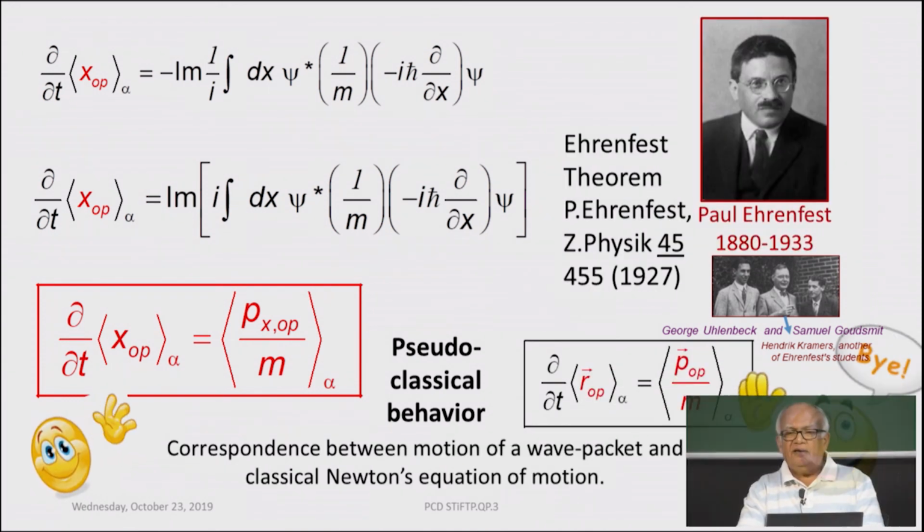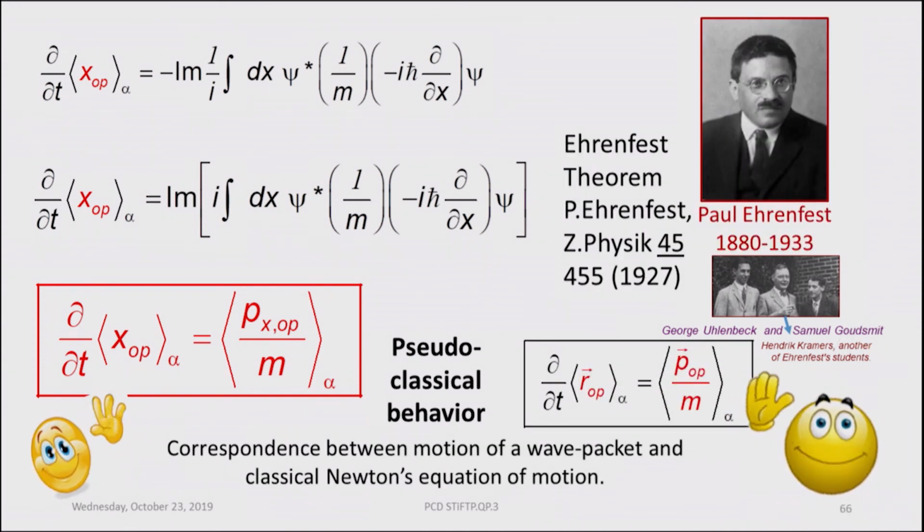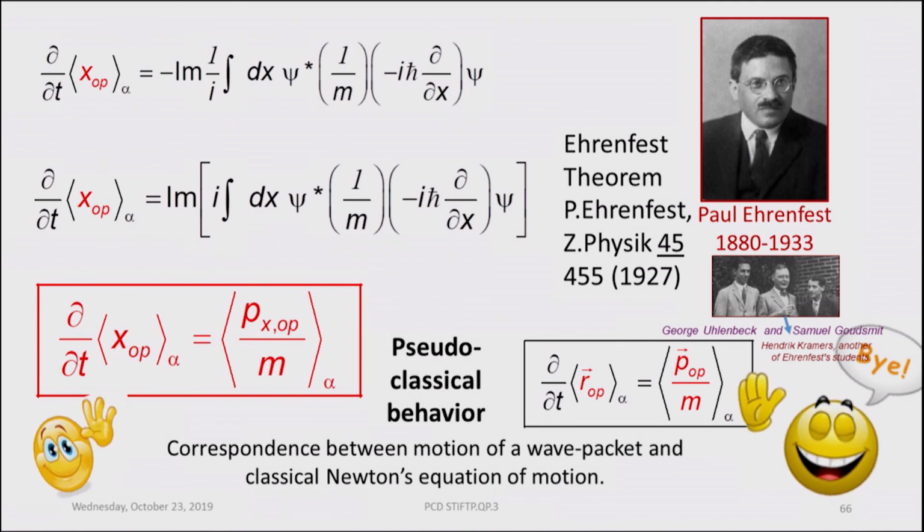And this is the Ehrenfest theorem, that there is a certain correspondence between quantum mechanics and classical mechanics, and it sort of explains to us or gives us some hint about why classical mechanics works, all right. But there are deeper reasons than this which I will be discussing in the next few classes.